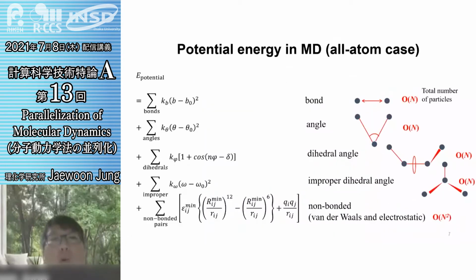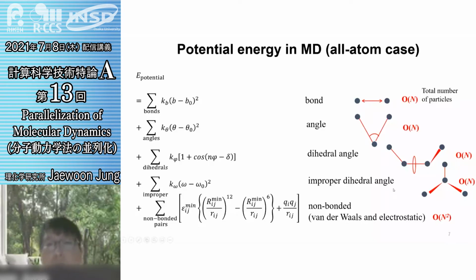Before going to the parallelization, I'll briefly explain the potential energy in MD. Here, I'll explain the all-atom case. Potential energy usually consists of these terms: bond, angle, dihedral, improper dihedral, and non-bonded interactions. Bond is just vibration between a two-atom pair, angle is bending, and dihedral is the angle between the plane formed by the first three particles and the plane formed by the last three particles.